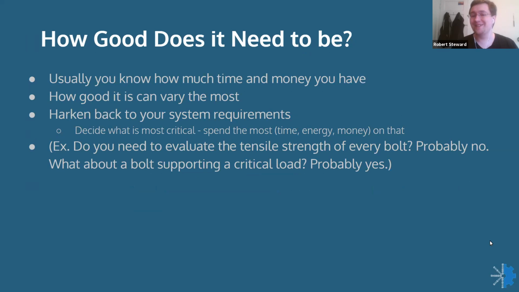Next, how good does the decision need to be? Obviously, you're limited on time and other resources that you may have to be able to make these decisions. Like I said, it's important to make these decisions as early on as possible, but you can get into what some people call analysis paralysis.